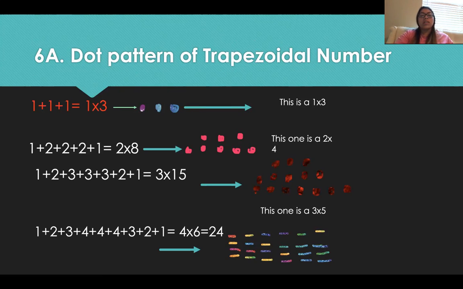So that's what it is, a 4x6. So we have four lines going this way, and then we have 6 lines going across vertically. So we have 4 lines going horizontal and 6 lines going vertically, which gives us a total of 24, and that's how we would do that one.